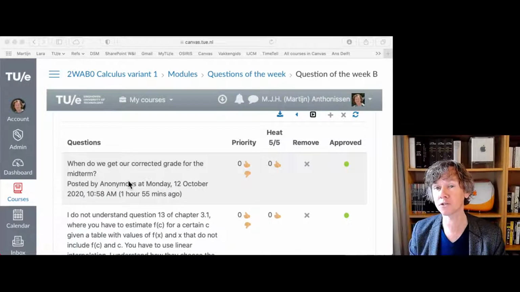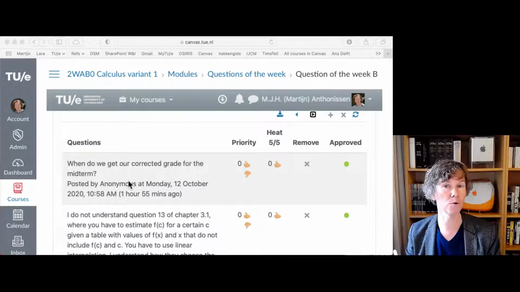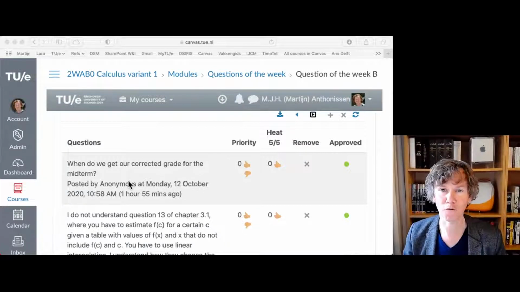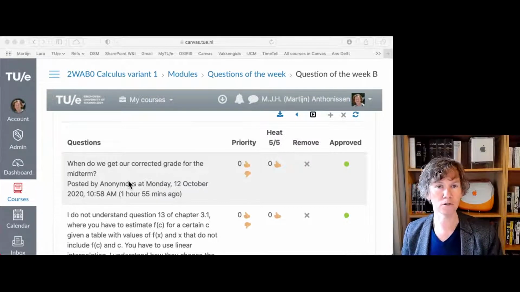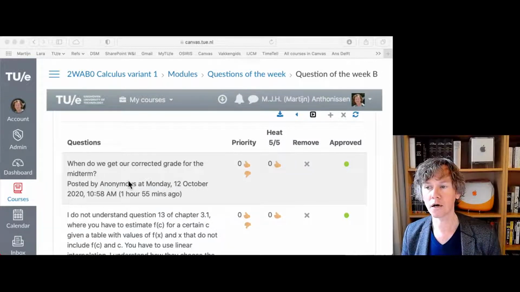That's open until Friday, and on Friday we will fix the marks, and then we will also do a compensation for the question where you needed the limit of sine of x over x, because we hadn't talked about that yet and I forgot about that. So the midterm is 100% corrected. I checked today and did the final markings there myself. If you have questions, put them there, and the person who marked your test, which will be your tutor, will respond to the questions that you may have.